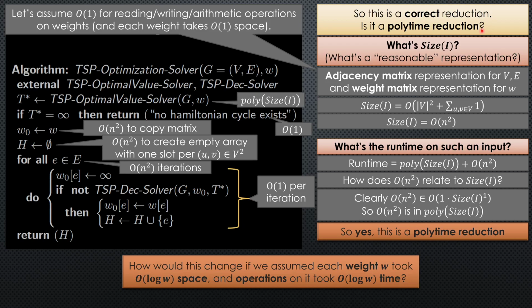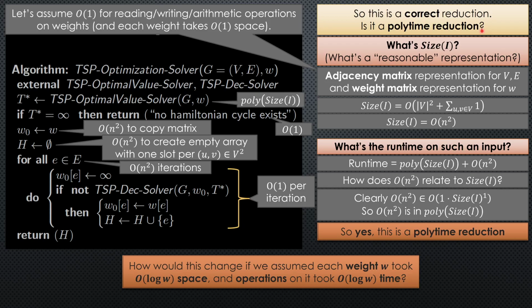And then operations on it, because each weight takes log W space, have to at least read all of those log W bits. So in this non-unit cost model, in this bit complexity model, we would think of those operations as taking at least order log W time. So reading, writing, comparing, adding, subtracting, all of those operations on weights would take order log W time.